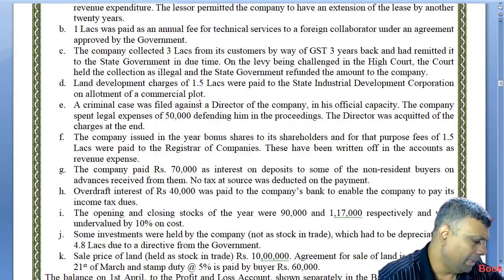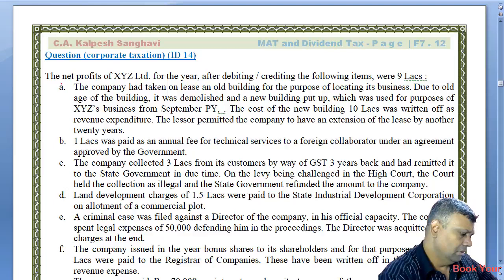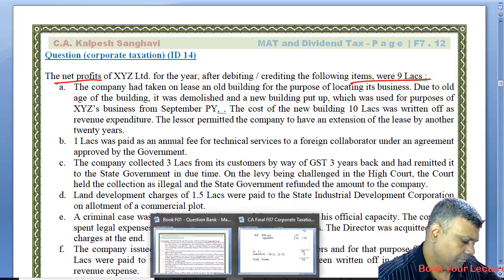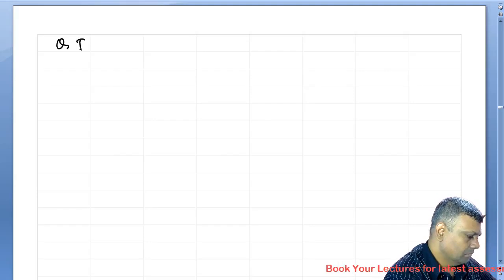Okay. So I'll open up my answer now. And by opening my answer, I will start with net profit, starting with 9 lakhs. Okay. So question number is 14. Calculation of book profits.